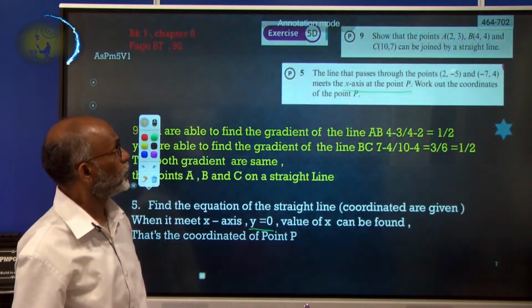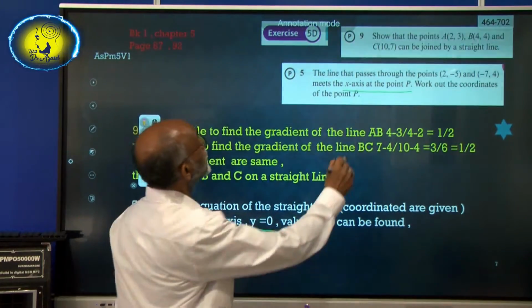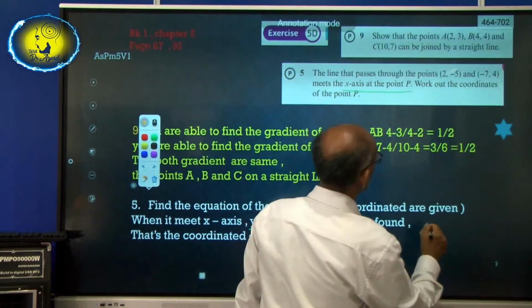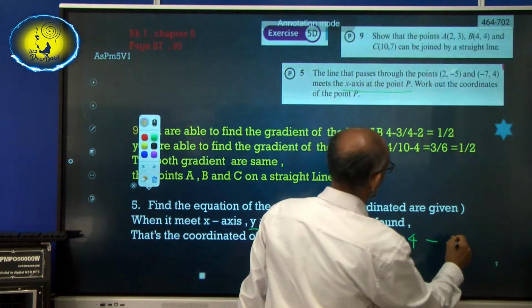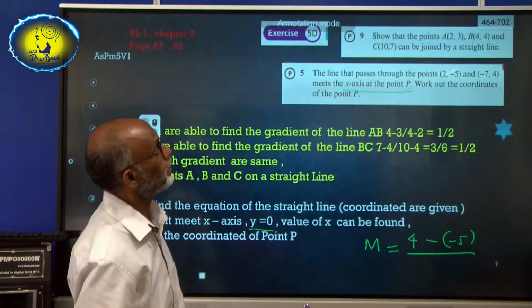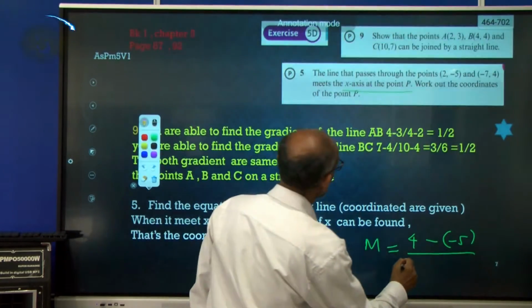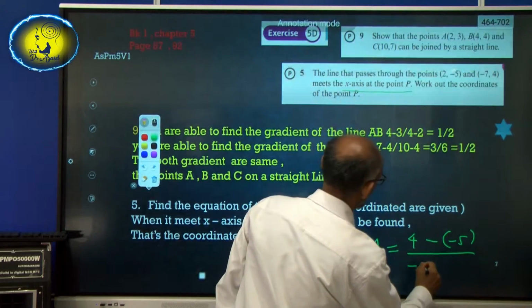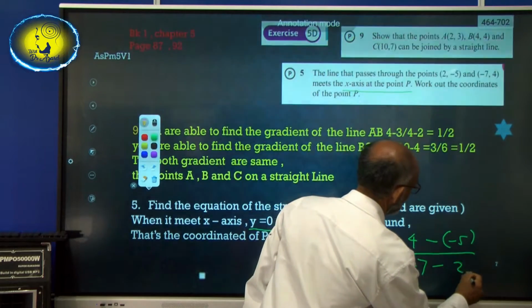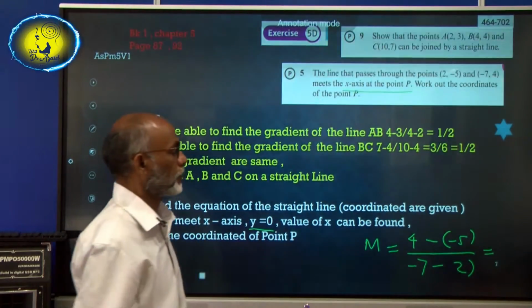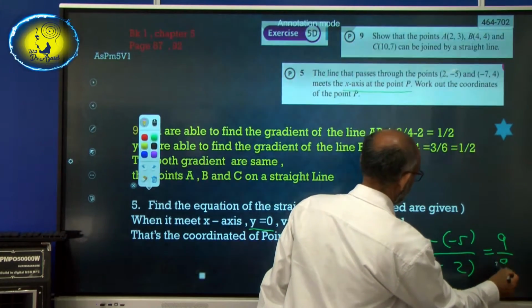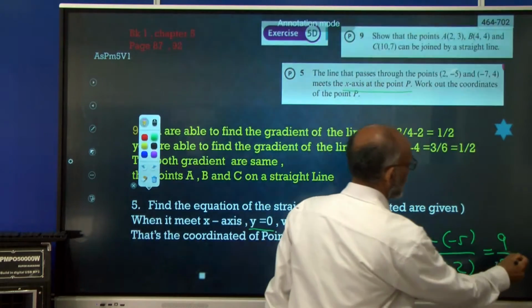So we can find the value of the gradient, which is minus 1.